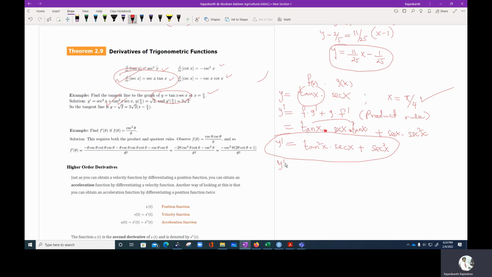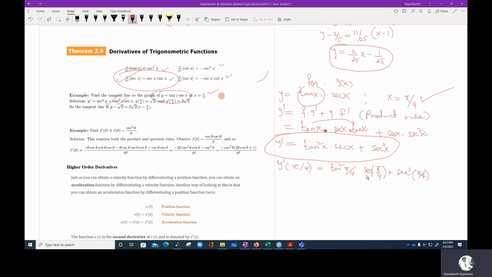If you plug in that value, you will get tangent pi over 4 squared times secant pi over 4 plus secant cubed pi over 4.